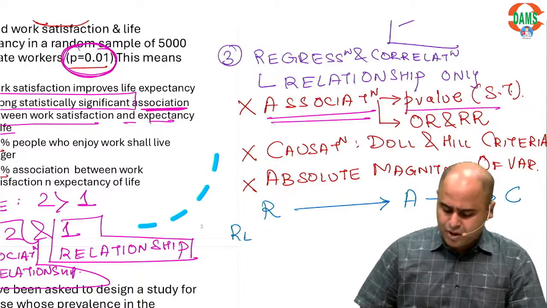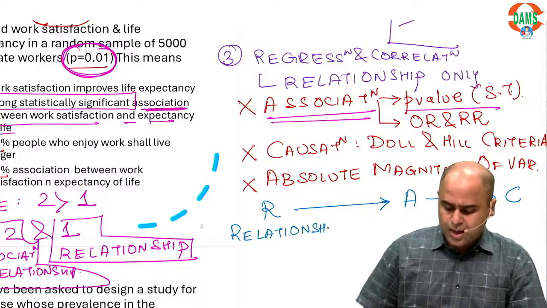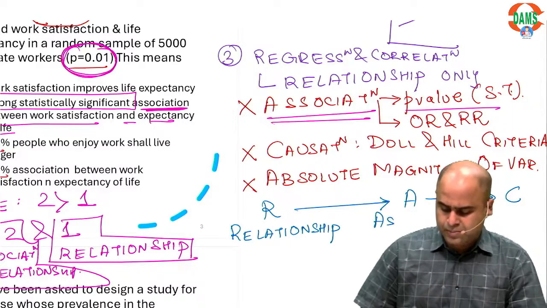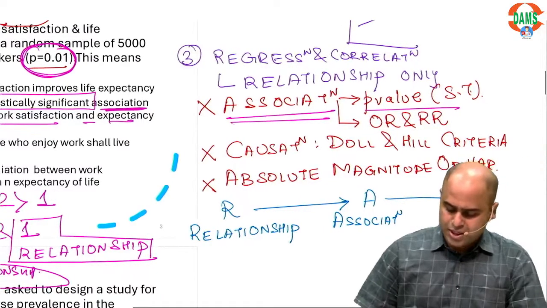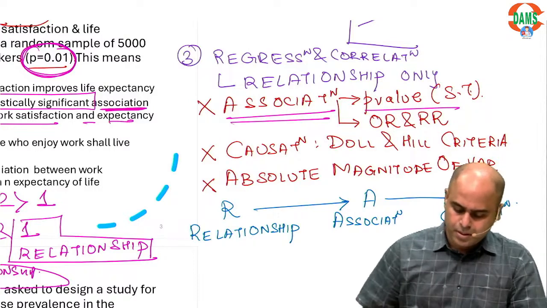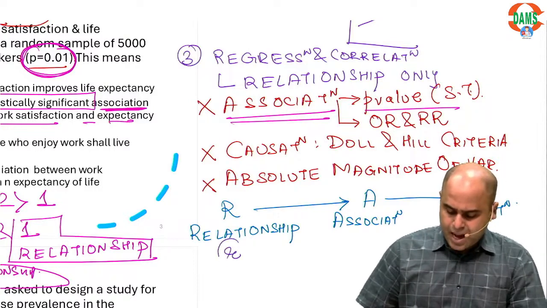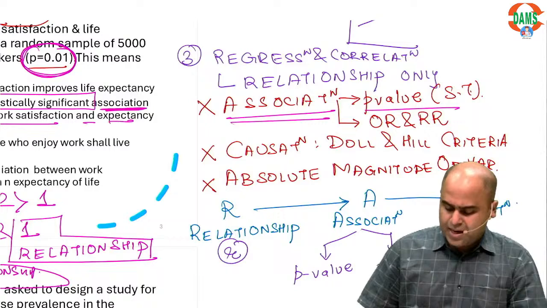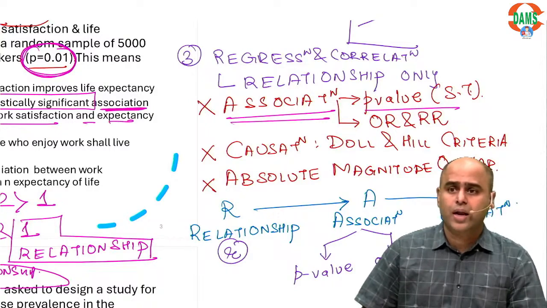R stands for relationship, A stands for association, and C stands for causation. Relationship is given by R, association is given by p-values, odds ratio and relative risk, and causation is given by the Doll and Hill criteria.